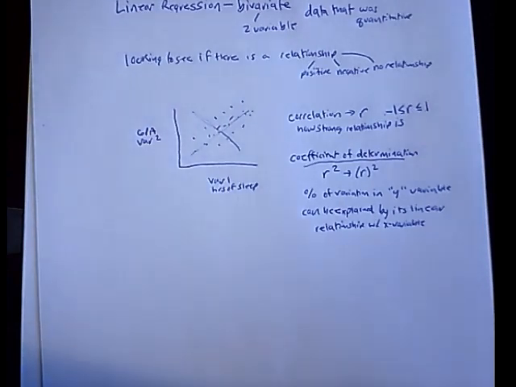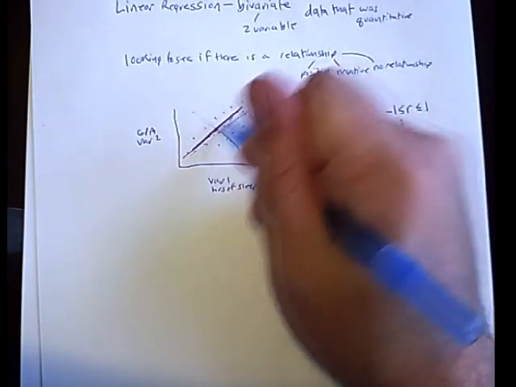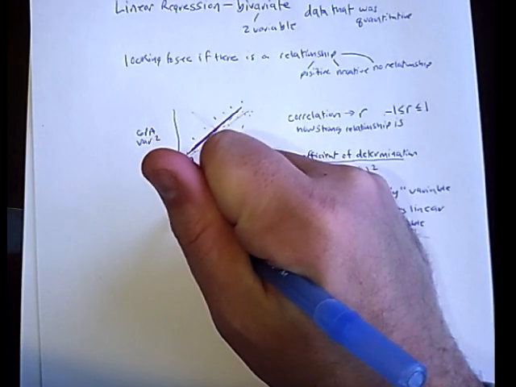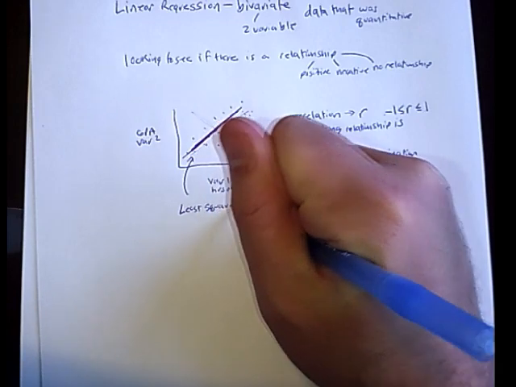Now, when we've made our scatter plot, we can draw in a line of best fit. That line of best fit is called the least squares regression line.